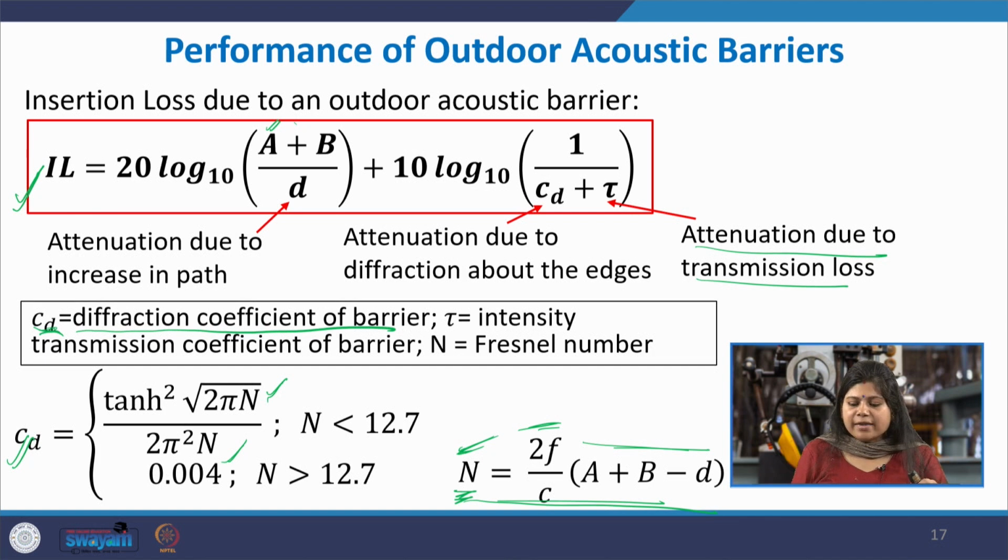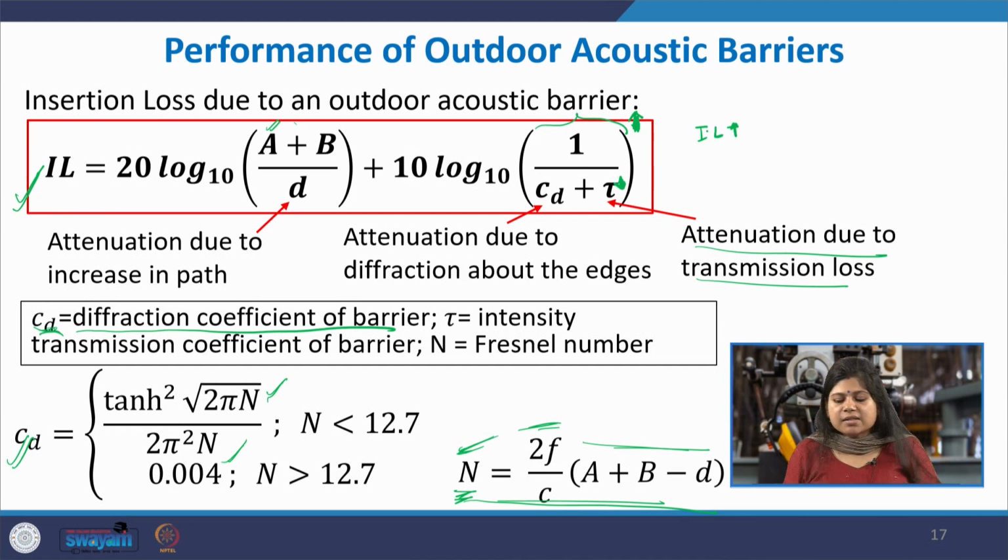Similarly, if you are using a material with a higher transmission loss, then if the transmission loss is increasing, which means tau is decreasing, and hence this value is increasing, so IL is also increasing.